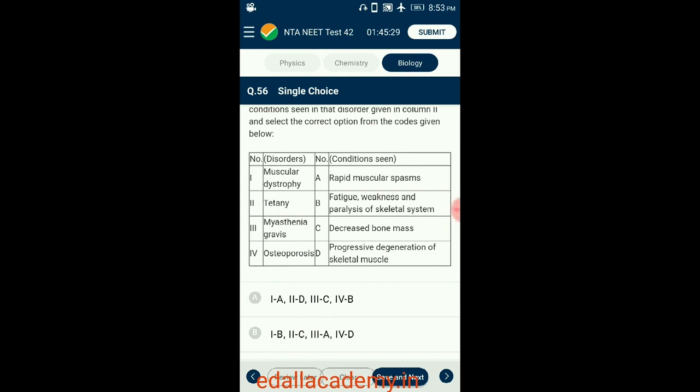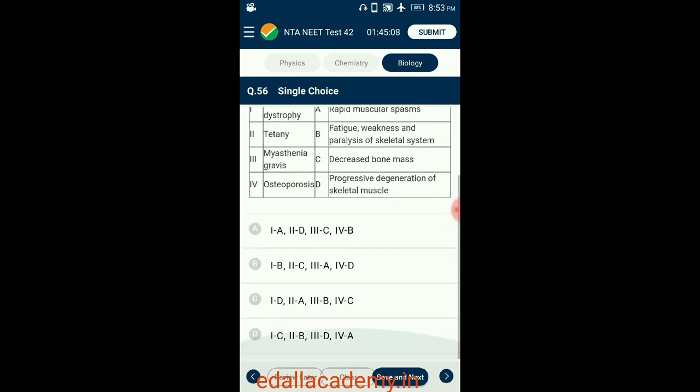Tetany is characterized by rapid muscular spasms. 3. Myasthenia gravis is characterized by fatigue, weakness and paralysis of skeletal muscles. Fourth one, osteoporosis is characterized by decreased bone mass and increased risk of fractures. So the correctly matching option is C.